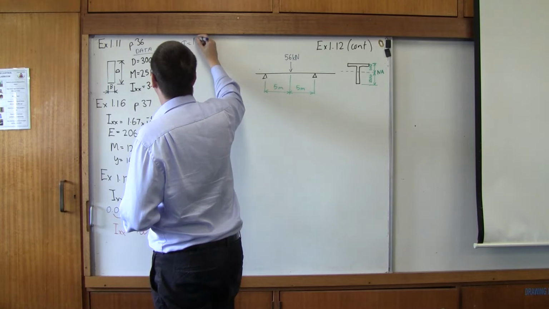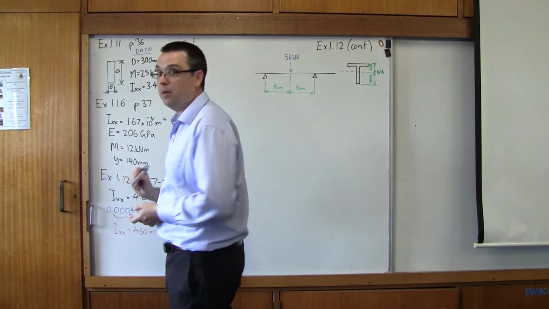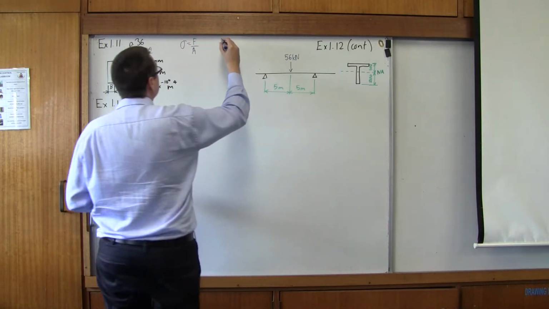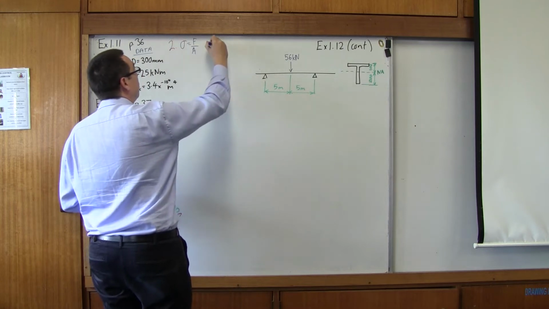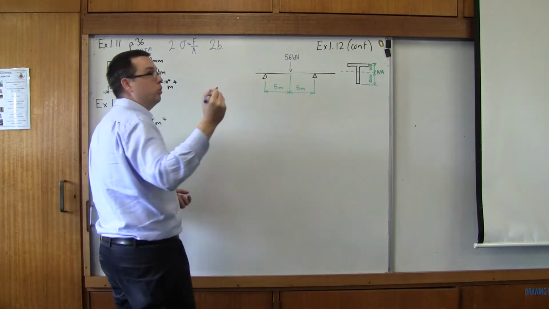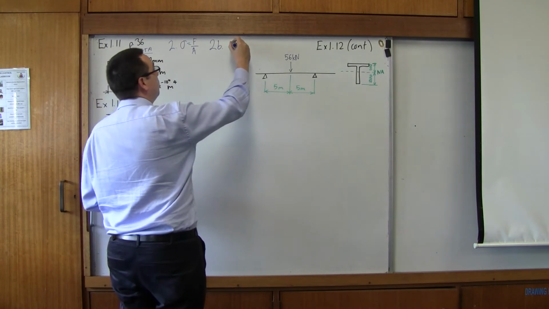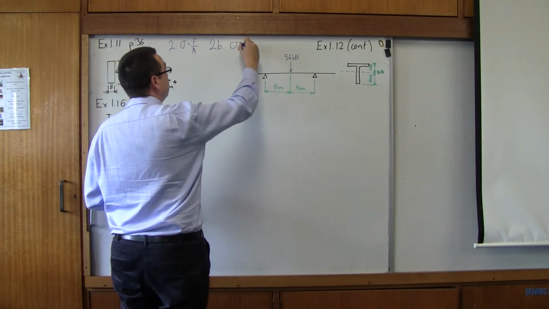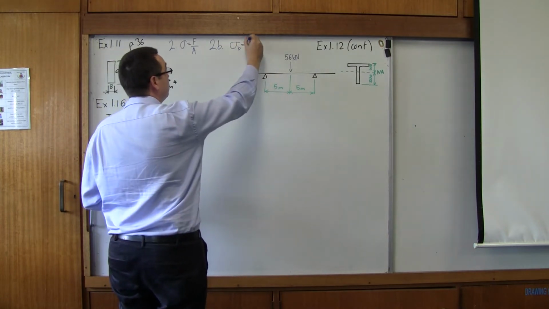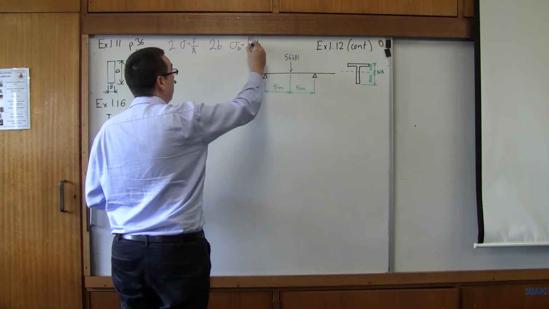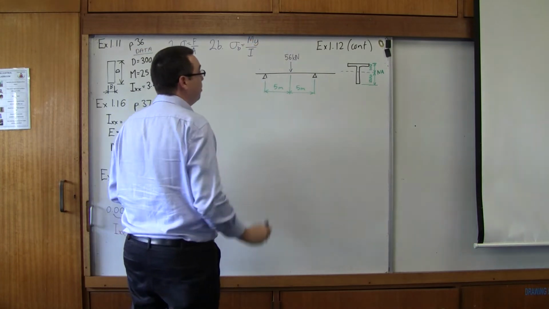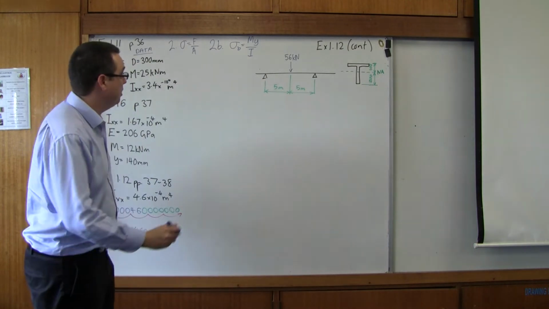Now, I said that stress equals force over area, except for bending. Rule 2B is this: bending stress equals My over I. Most people find that pretty easy to remember, so there are 3 parts to this.